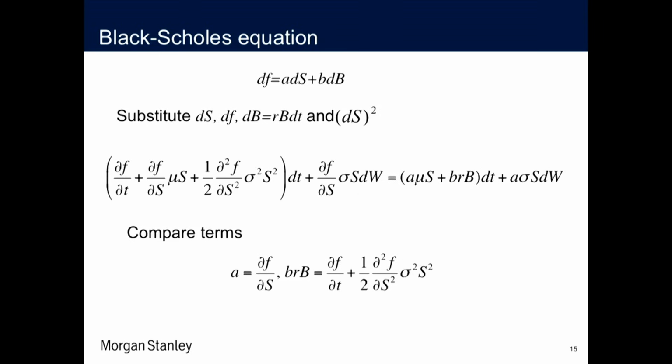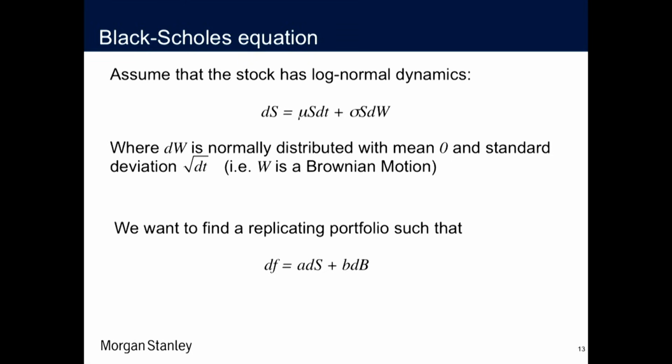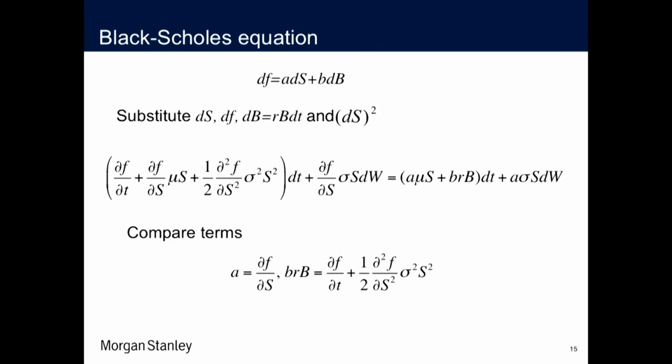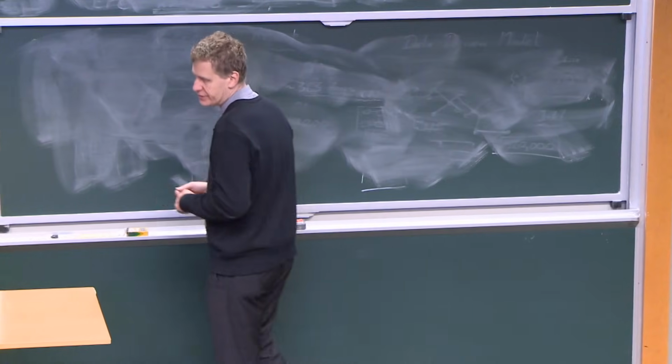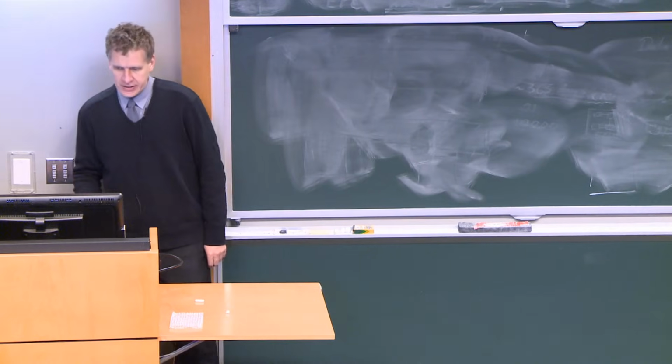So what we'll do is substitute it here. We'll substitute dF taken from Ito, our dS, which is like this, and dB. Let's not forget that B is deterministic. There is nothing uncertain about it, so dB is actually rB dt, because our B grows exponentially with interest rate r.